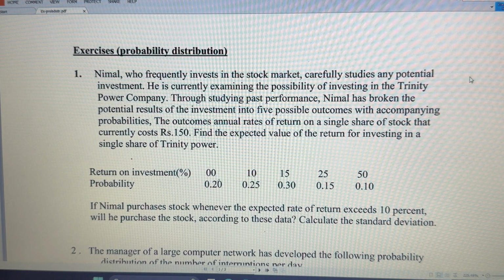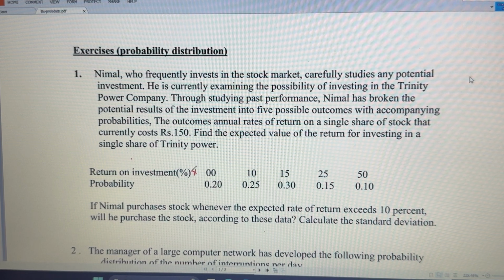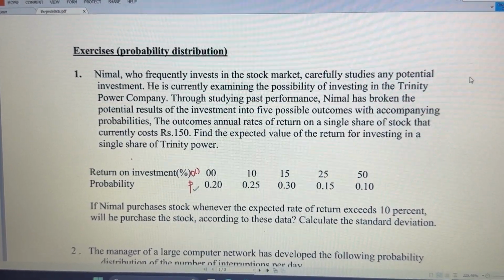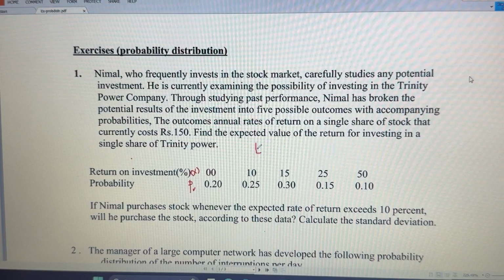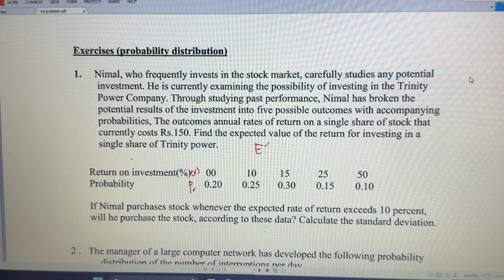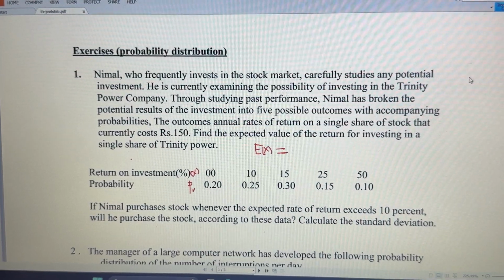Now here, many are done here. Now here, return on investment, this is the X, no? This is the X, this is the PXI. So now you multiply both, no? Now we know that the EX, we have to find the EX. You have to find the EX equal to this column, no?